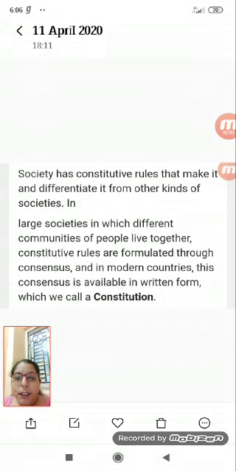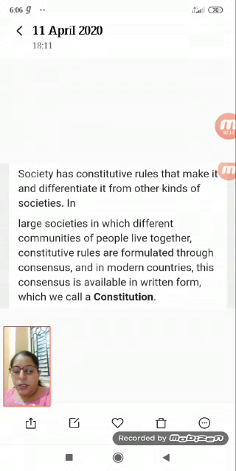So people all give their consensus, and these rules according to the consensus of the people are made in written form, and this written form of these rules is called the constitution. So in short, we can say that the constitution is the set of written rules which tells us how the country will be governed.